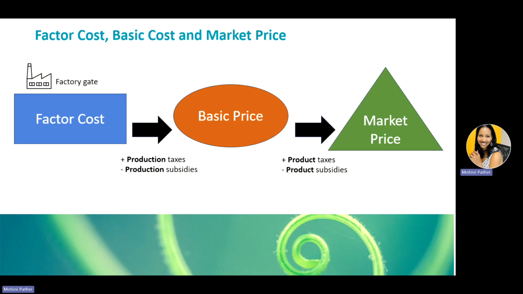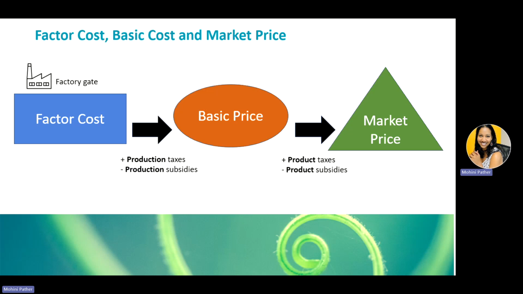At factor costs, we are looking at the income of the people who have contributed to adding value to our product. So we need to add those taxes in because they contributed to the basic price of that product. But subsidies need to be taken away because they have reduced the factor costs artificially. When you get to basic prices, that is only looking at the product itself.